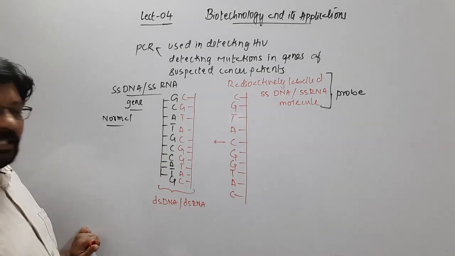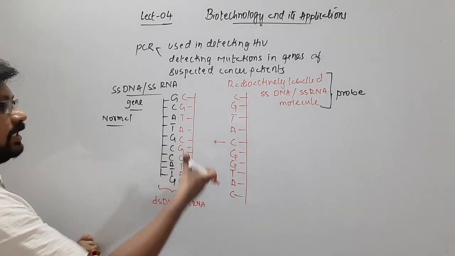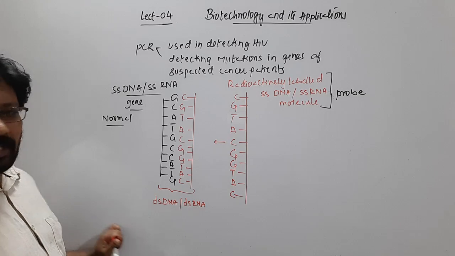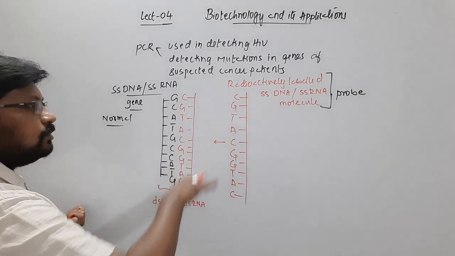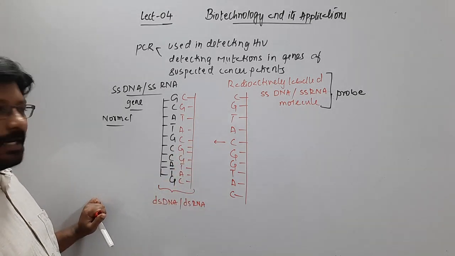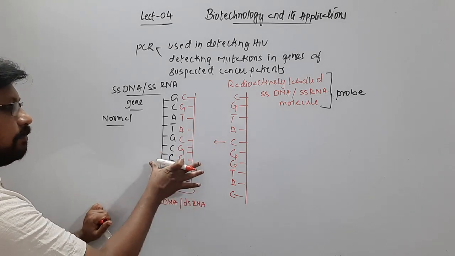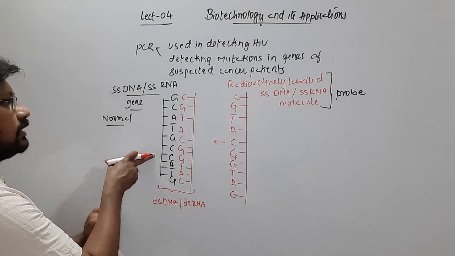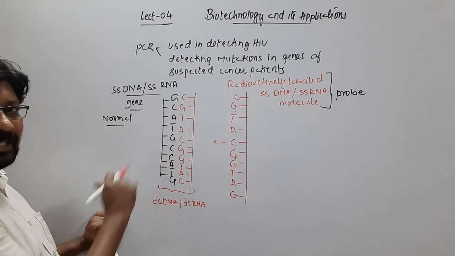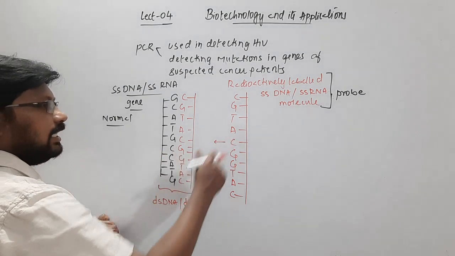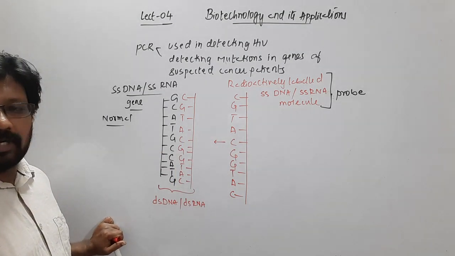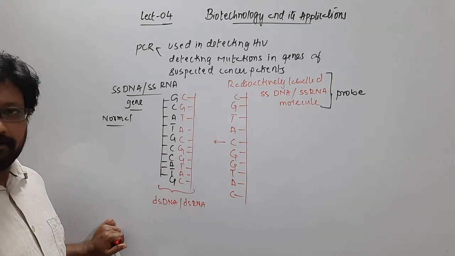And if it is the case, then this can be seen on a photographic film. Once you allow this probe to become complementary to the single stranded DNA or RNA, once it gets attached, this can be seen on the photographic film after radiography.